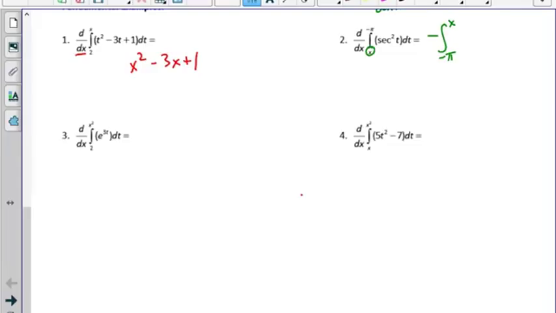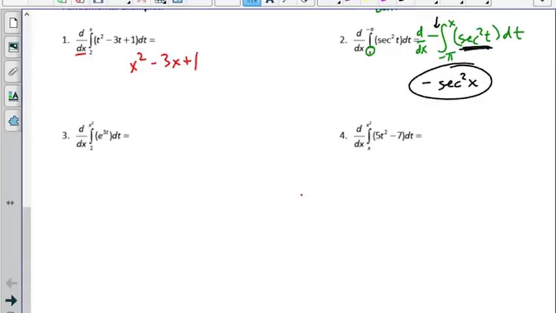So this is the same thing as d/dx of negative the integral from negative pi to x of secant squared t dt, and the derivative of the integral ends up being the function. So what I will end up with here is this function coming back, secant squared x, but don't forget that I had this negative sign out front, so I get negative secant squared x.